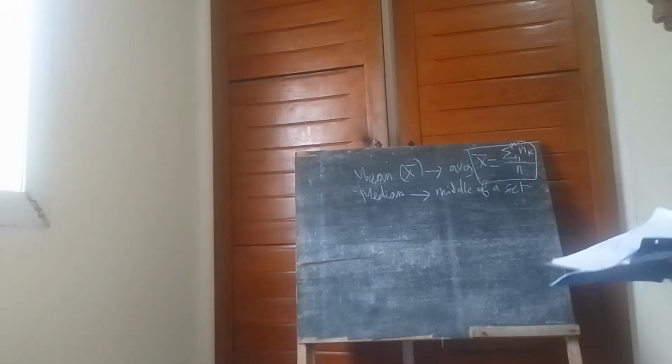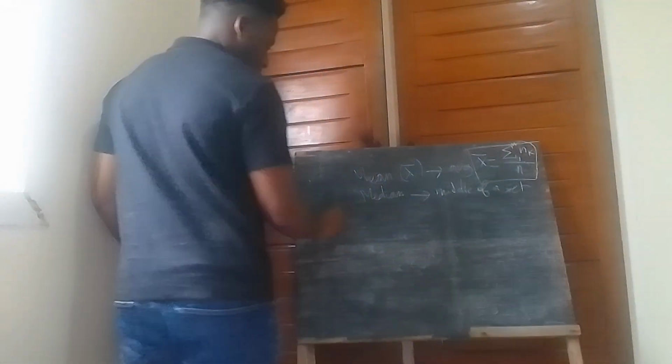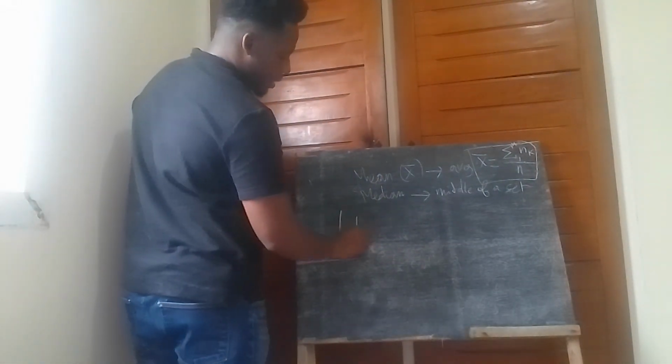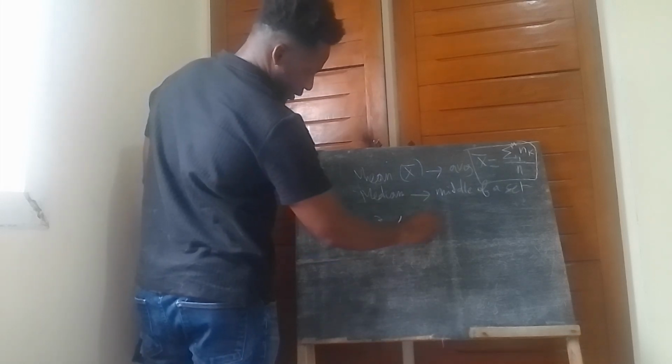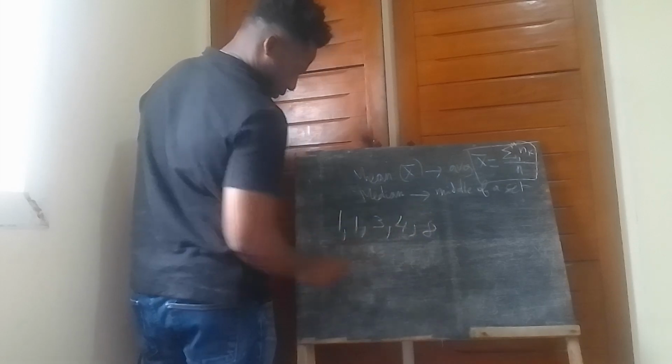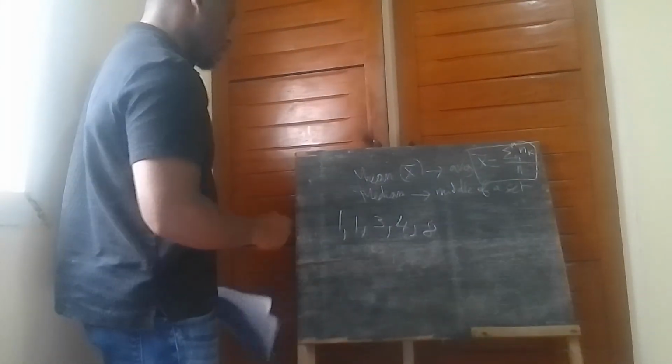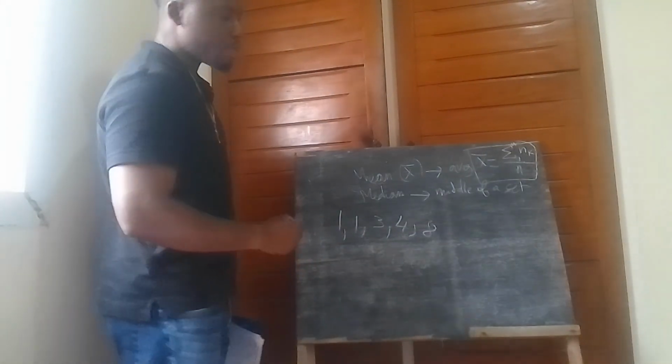For example, let's say you have a set which is 1, 1, 3, 4, and 8. Basically, you want to know, what's the mean of this? You might ask that in statistics.